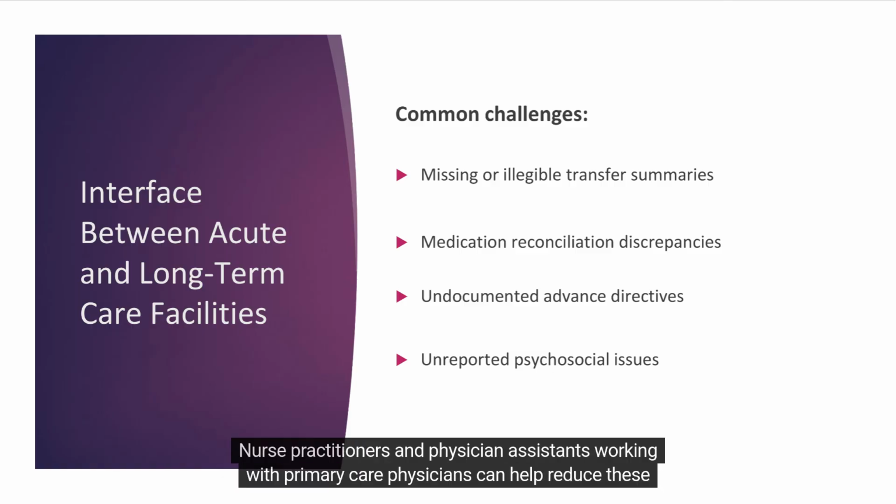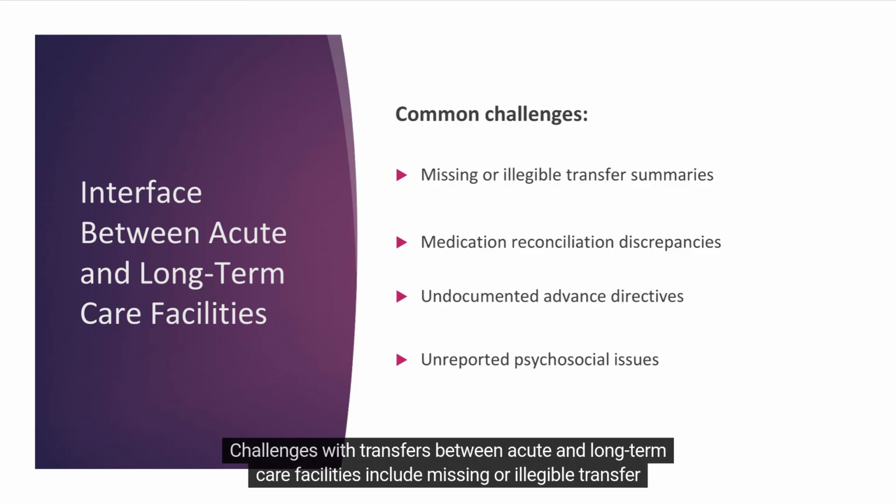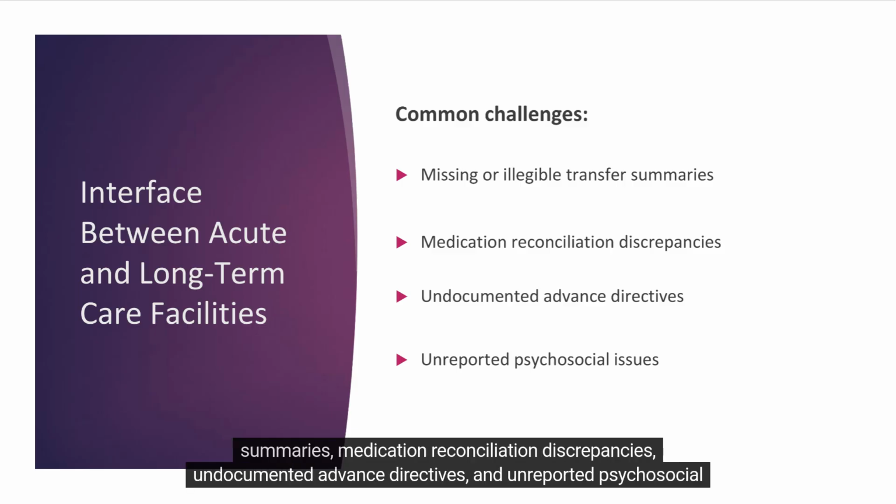Nurse practitioners and physician assistants working with primary care physicians can help reduce these hospitalization rates. Challenges with transfers between acute and long-term care facilities include missing or illegible transfer summaries, medication reconciliation discrepancies, undocumented advance directives, and unreported psychosocial issues.